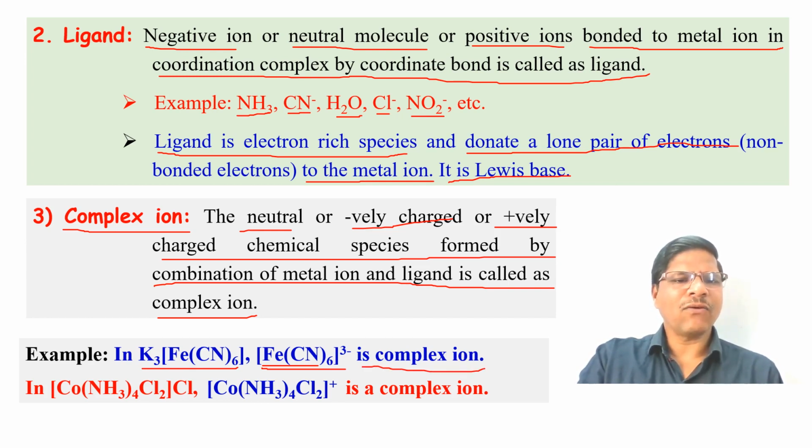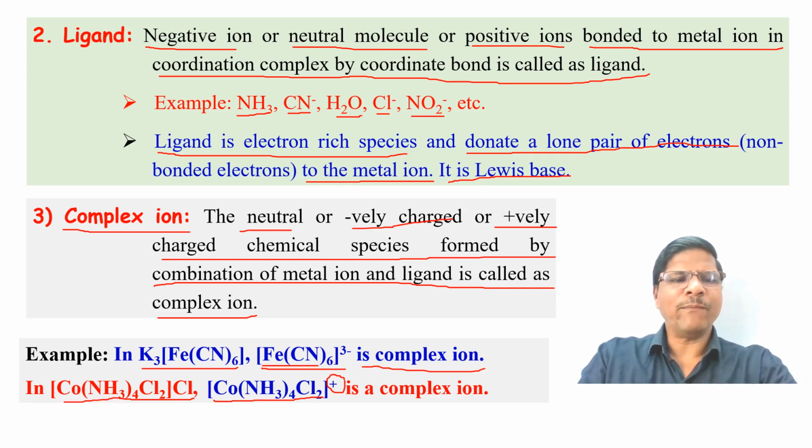Like in the coordination compound [Co(NH3)4Cl2]Cl. So [Co(NH3)4Cl2] is in the square bracket and one Cl is outside the square bracket. So if you see [Co(NH3)4Cl2] and there is one positive charge, so this is the complex ion.